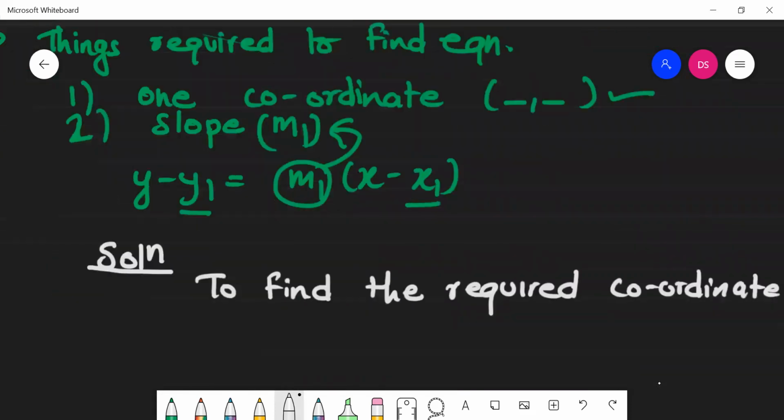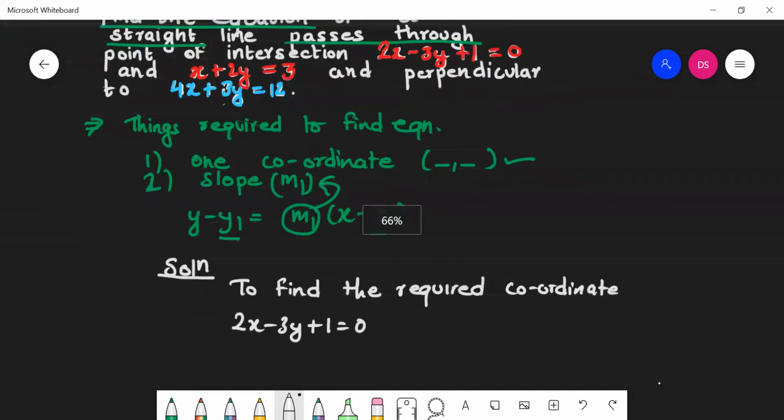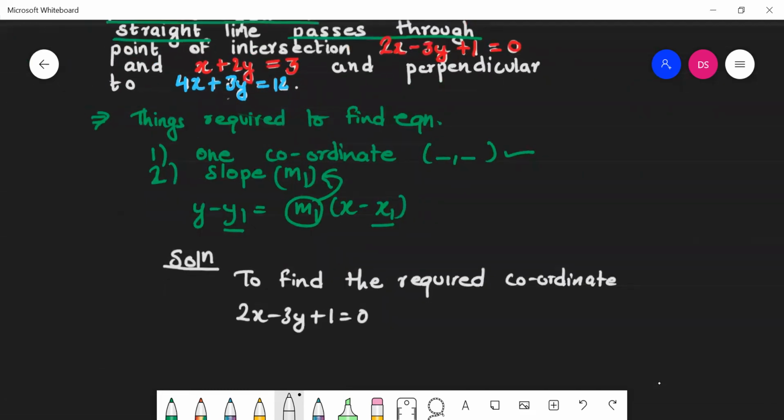So I'm going to list the red equations here. What is that? 2x minus 3y plus 1 equals 0. I'm going to minimize it a little so that we can see the question also, and write it comfortably: 2x minus 3y equals minus 1, which is our equation 1.